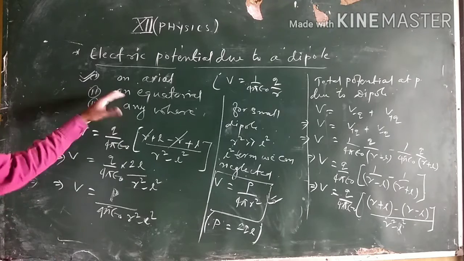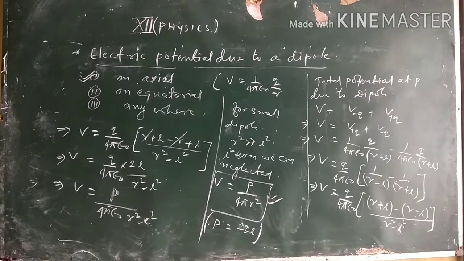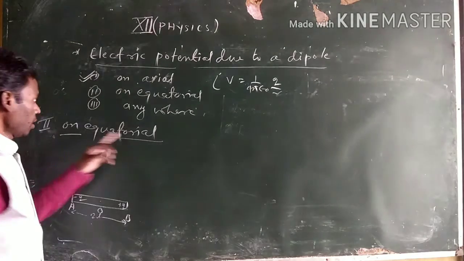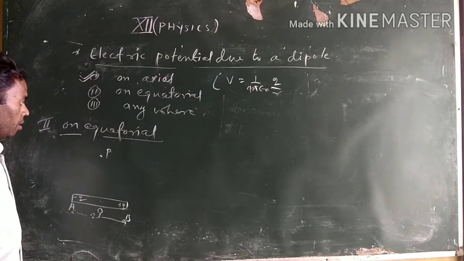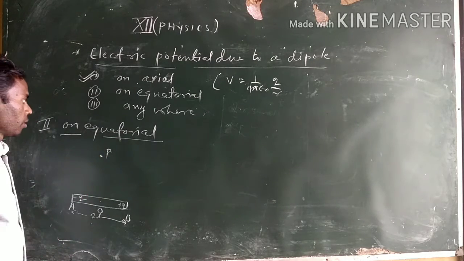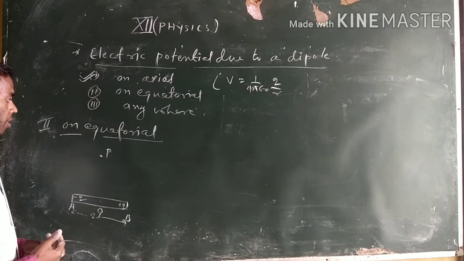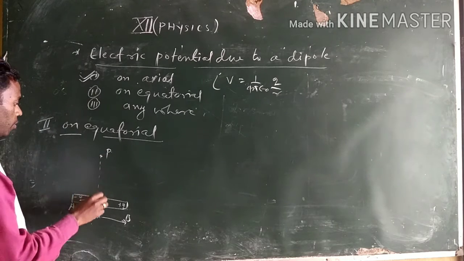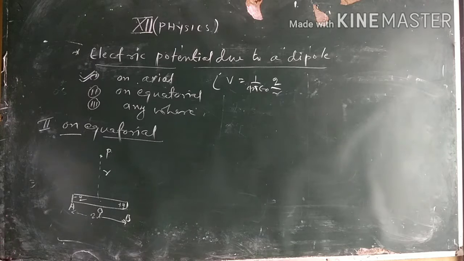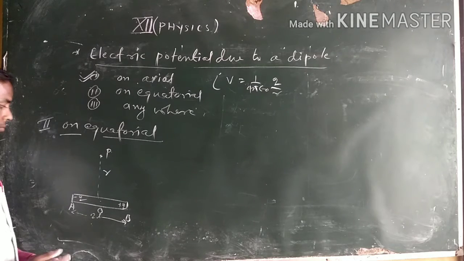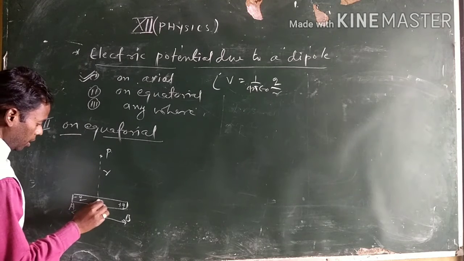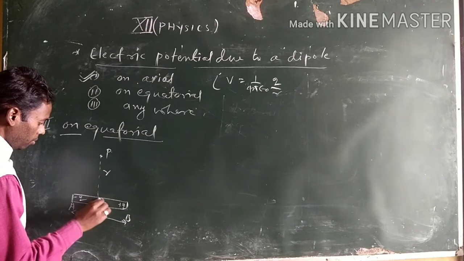Next, our equatorial point. On the equatorial point, right? That means this point will be on the equatorial line, that means perpendicular. Suppose this is the R, right? This is the center of the dipole.